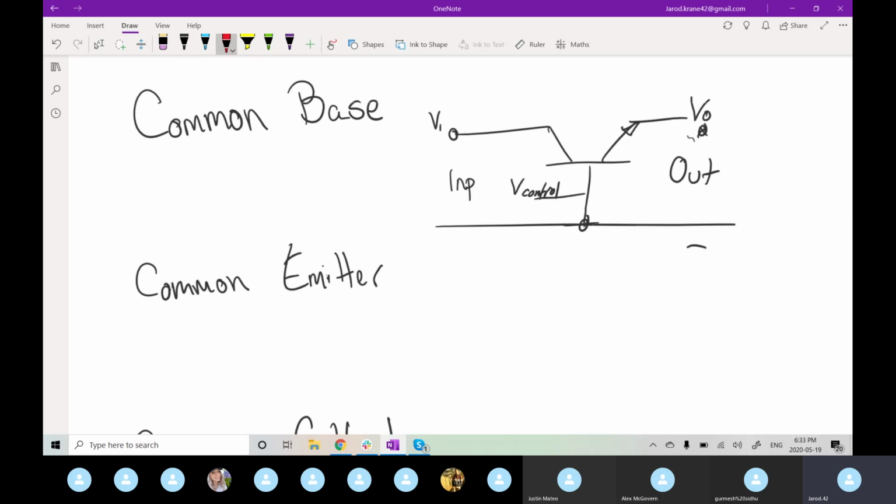Now, when we have it in the common base configuration, we can create a voltage gain, but no current gain.